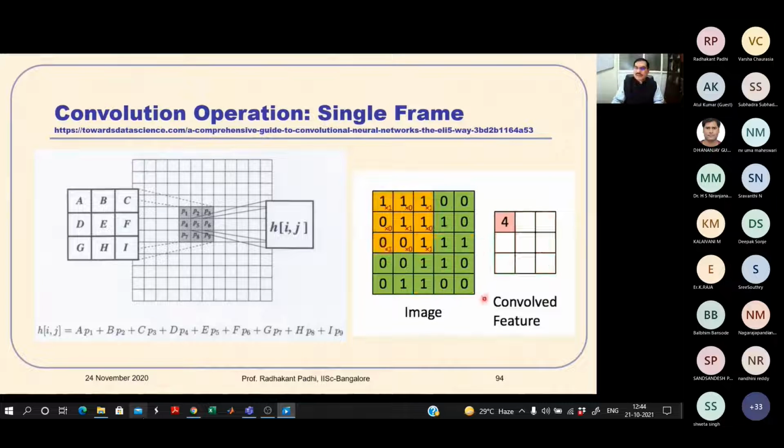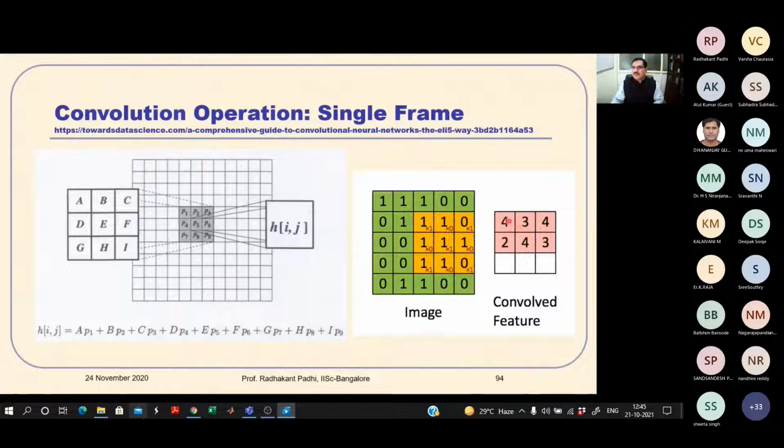So the original image has been reduced to a small size, and the convoluted feature happens to be like this. Because for every filter position, the summation is taken, everything is summed over to a particular scalar value and placed where it starts from, where it acts. That is how the convoluted features are extracted.